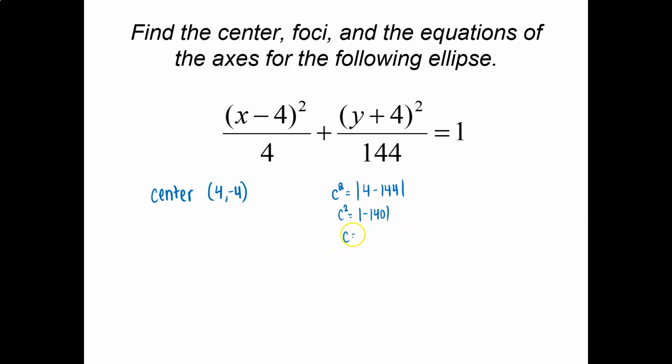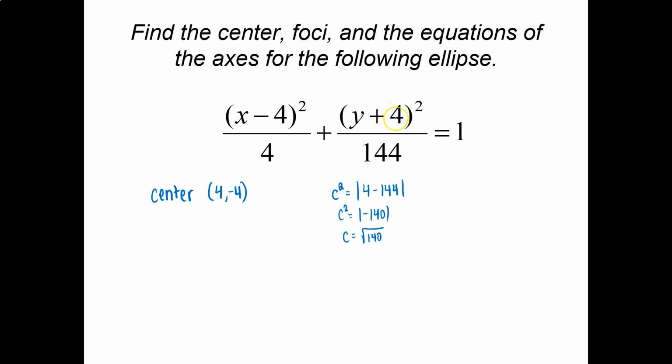So c is the square root of 140. We're not going to spend our time worrying about whether or not 140 breaks down. It'll be multiple choice. I don't think it's going to matter. If it does break down, you'll be able to recognize that happens.